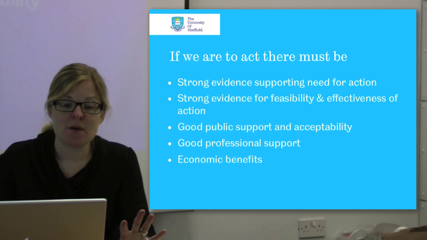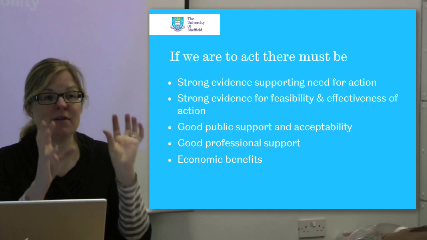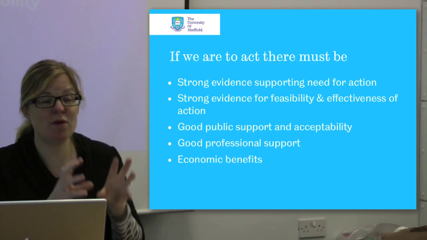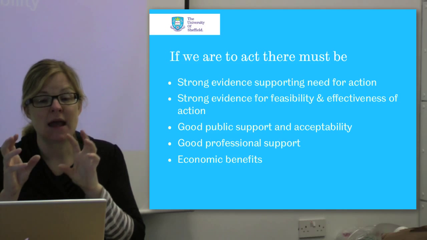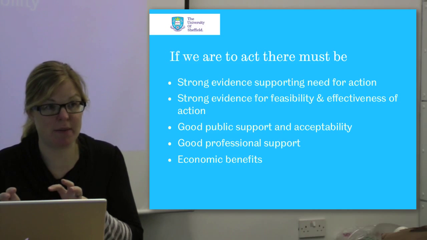So we're going to talk about in this session particularly public health problems. What is a public health problem? And then thinking about ways to tackle it based on that problem.